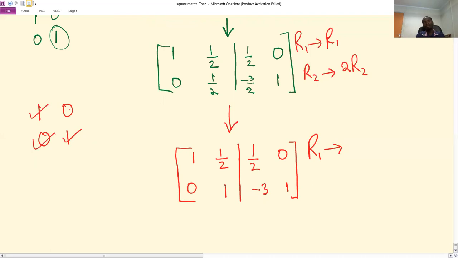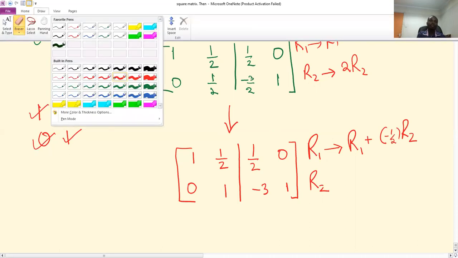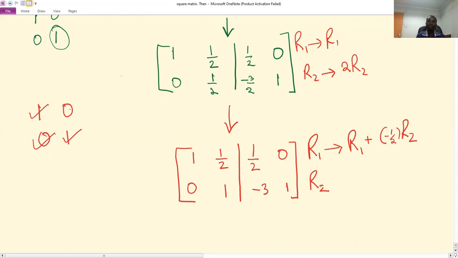Okay, so row 1, for me to have 0 here, I need to say row 1 plus negative a half row 2, so that a half plus minus a half is 0. And then row 2 will just remain to be row 2 because it is in the required form. So row 2 remains to be row 2.